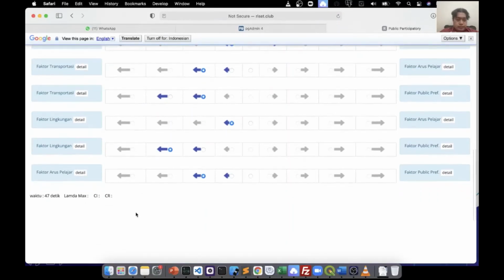This one is still above the consistency ratio, and the user must do another choice here, so the consistency ratio will be below 0.1.